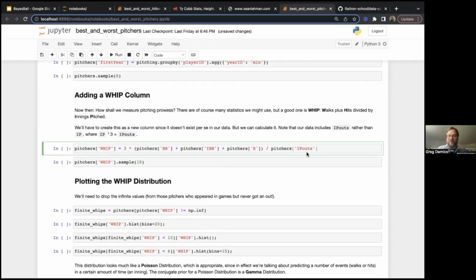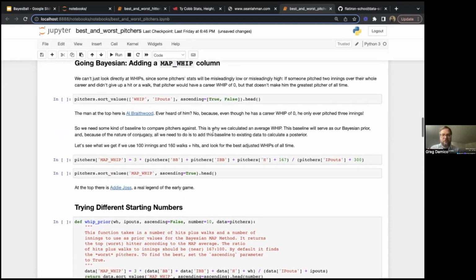This is basically the number of outs pitched. And that's useful here because innings pitched often come in numbers like 10 1/3 or 147 2/3, and those thirds can be awkward to deal with. Hence, we deal with this innings pitched outs. And so to construct the WHIP column, we just need to add that factor of 3 back in.